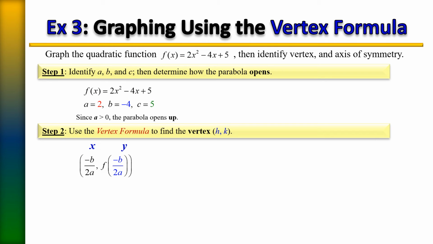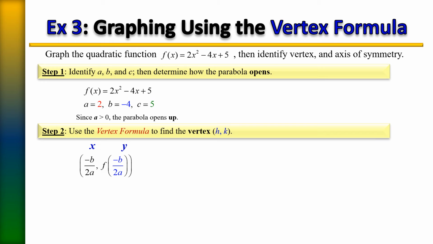In other words, you're going to evaluate it for that function. And that is why you see f of negative b over 2a, because whatever value you get, you then have to evaluate it for that value, and that gives you your y value of your vertex. Okay?